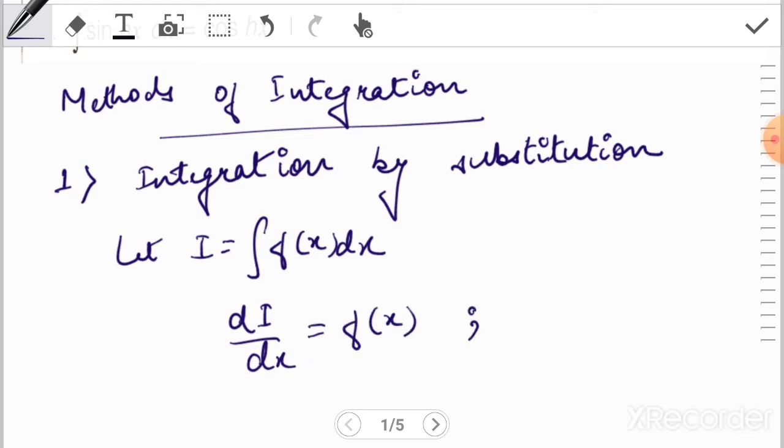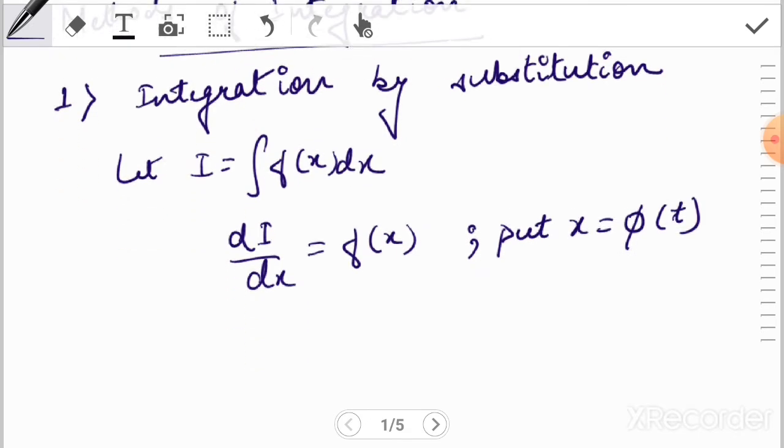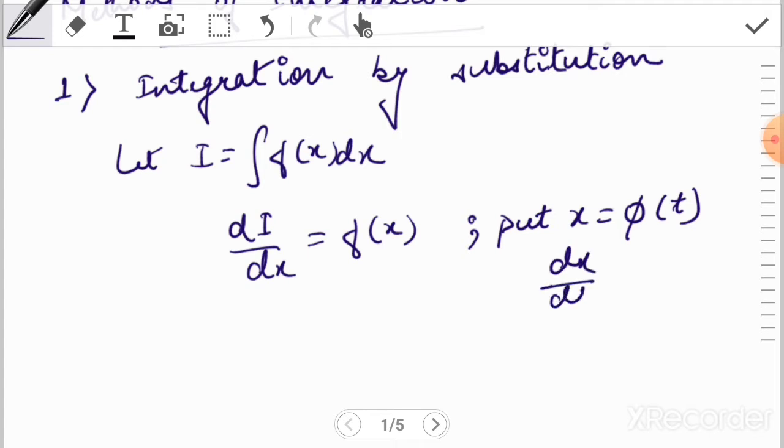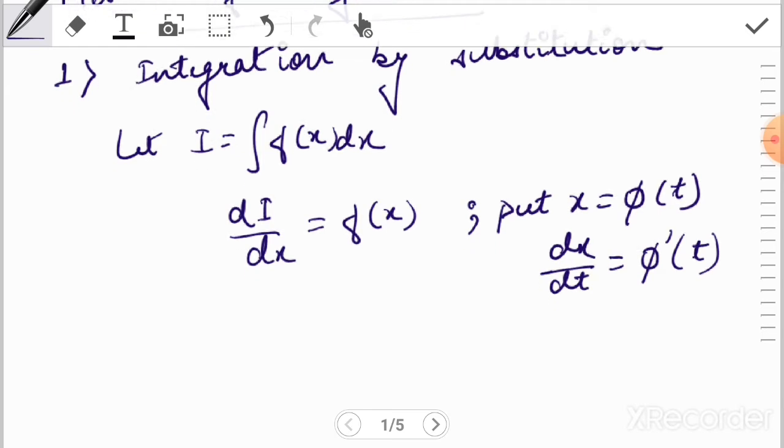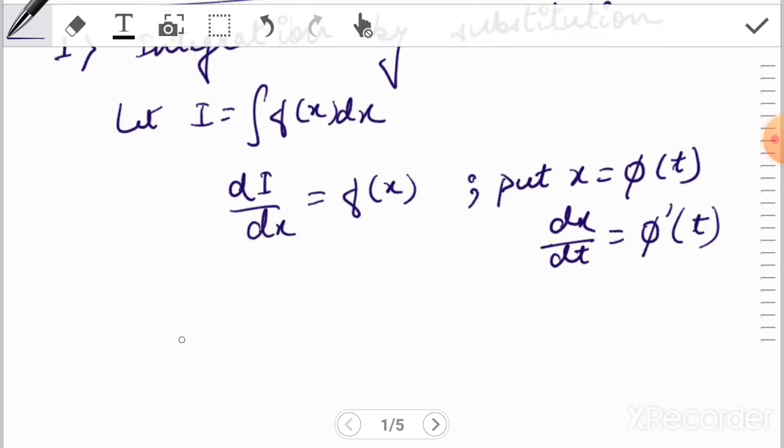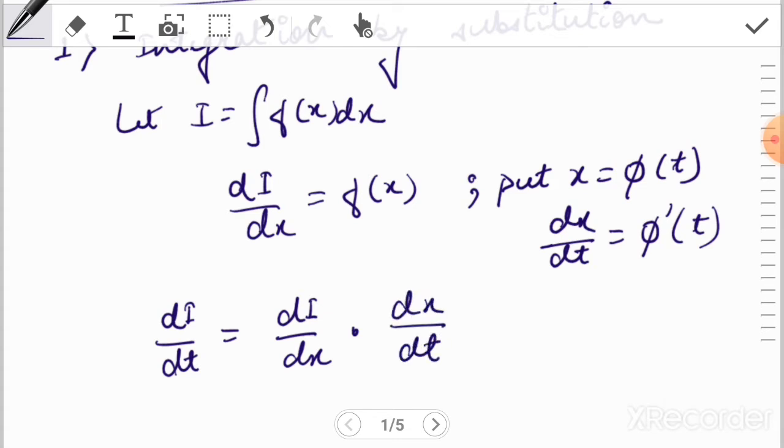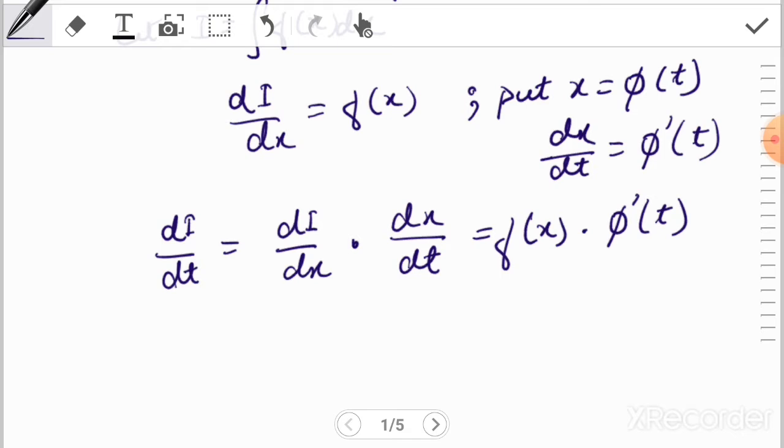Now put x is equal to phi(t), so that dx/dt is equal to phi dash(t). Then dI/dt is equal to dI/dx times dx/dt, which is f(x) and phi dash(t), right?